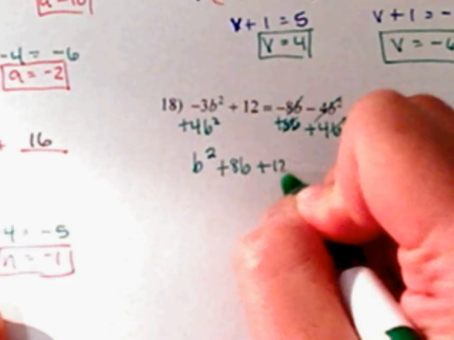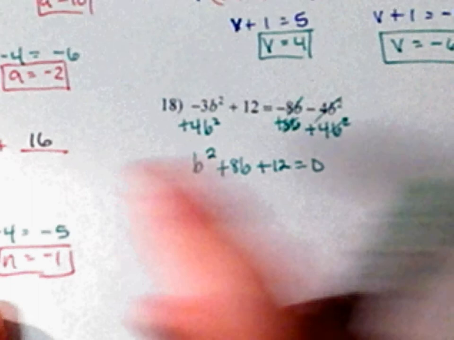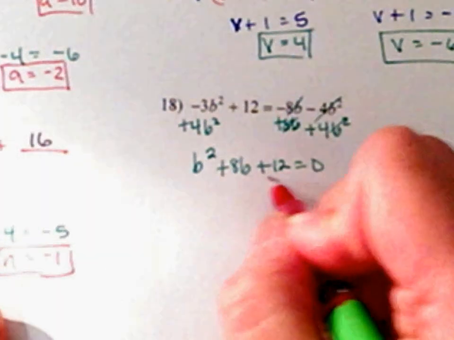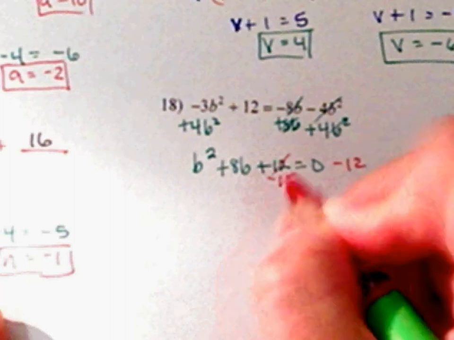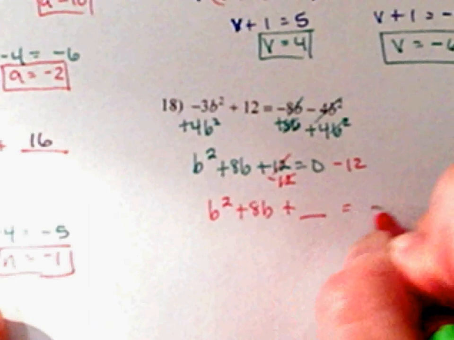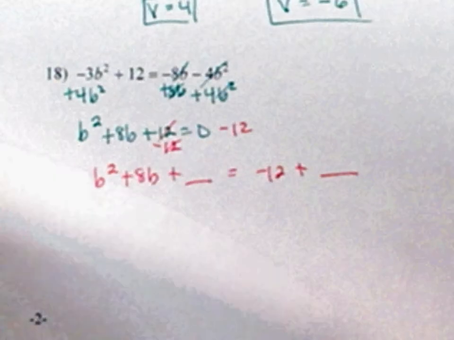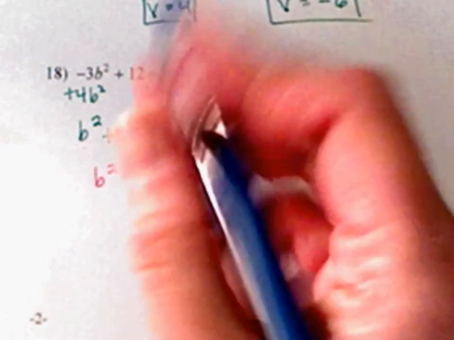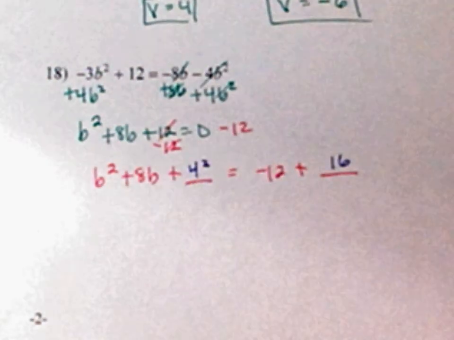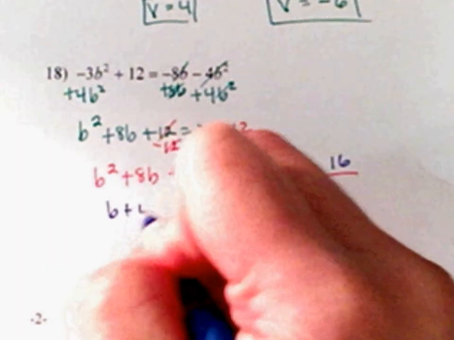A squared plus b squared equals c. Now I'm going to subtract 12. So you got b squared plus 8b plus a blank is equal to negative 12 plus a blank. Okay? Let's rewrite it. Half of 8 is 4 squared. 4 squared is 16. So b plus 4 squared is equal to 4.